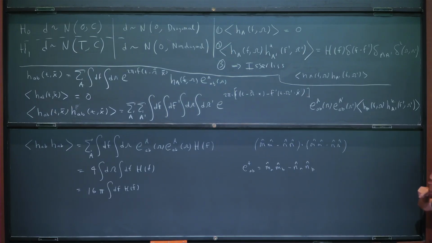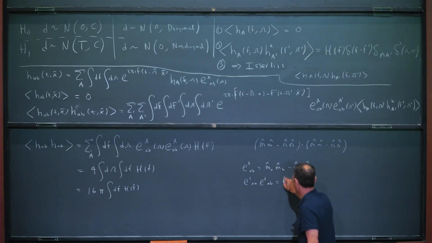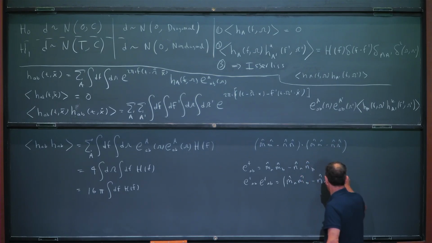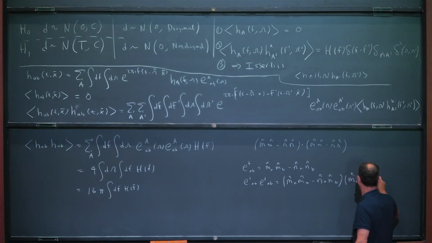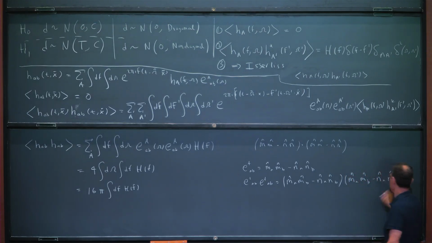Okay. So now, if we form E plus AB, E plus AB, what I mean by that is take m hat A, m hat B, minus n hat A, n hat B, and dot it into itself. Like that. So far, so good? Okay. Now look at the dot products, right?